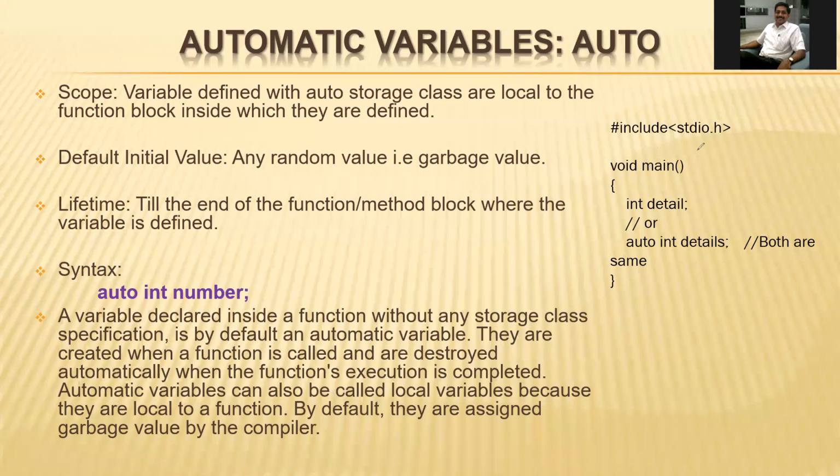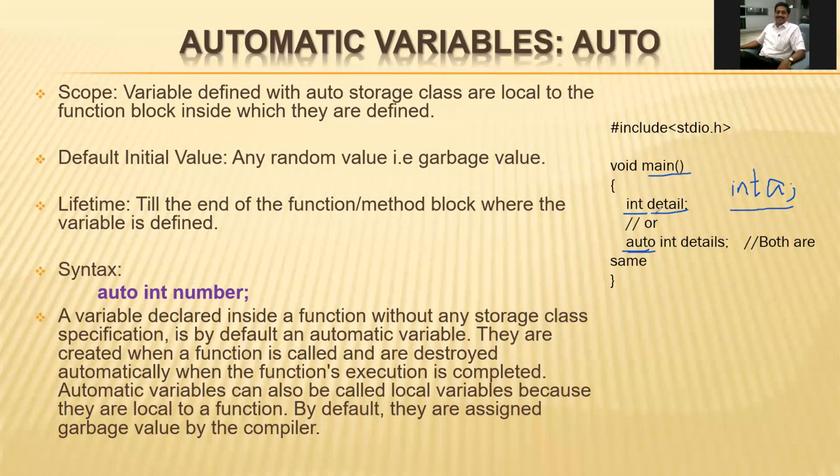See here at the right hand side, the example shows the main function with int details. This is the automatic variable. We can declare int i or int a, that is also an automatic variable. Or otherwise we write auto as a keyword in this program; that is also an automatic variable.